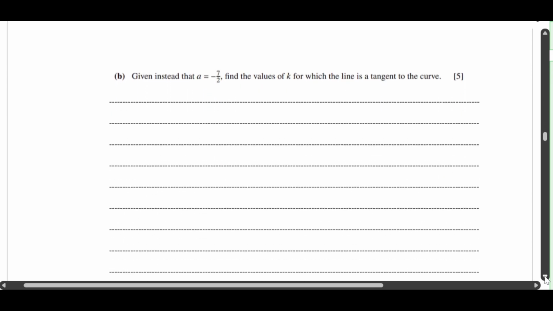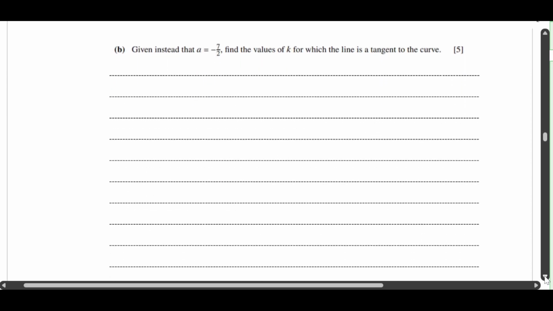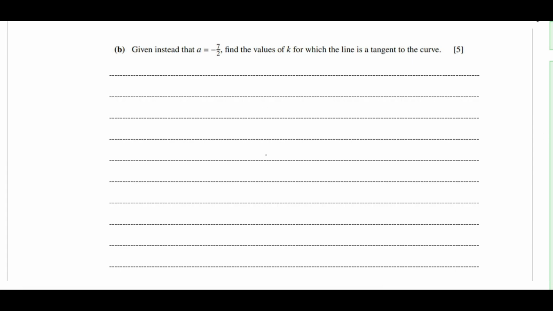As this is a tangent, we will say that 4 times x squared minus kx plus half times k squared will be equal to x minus a, that means plus 7 by 2.